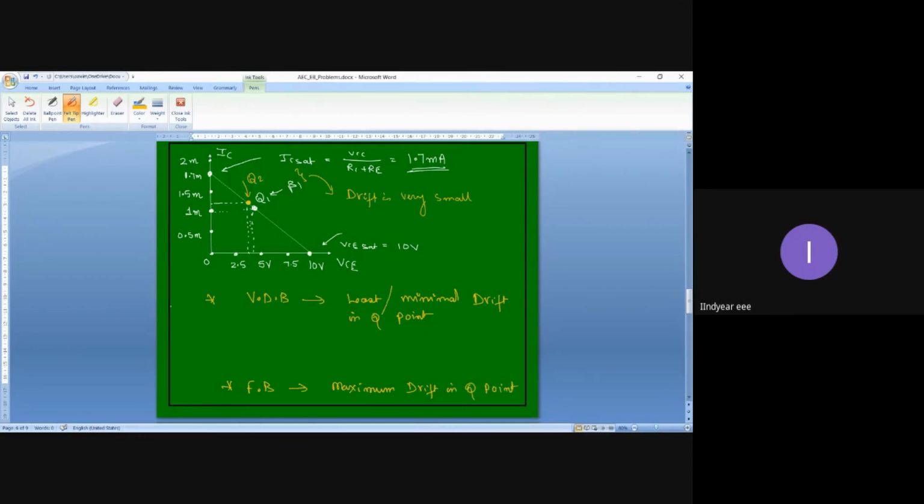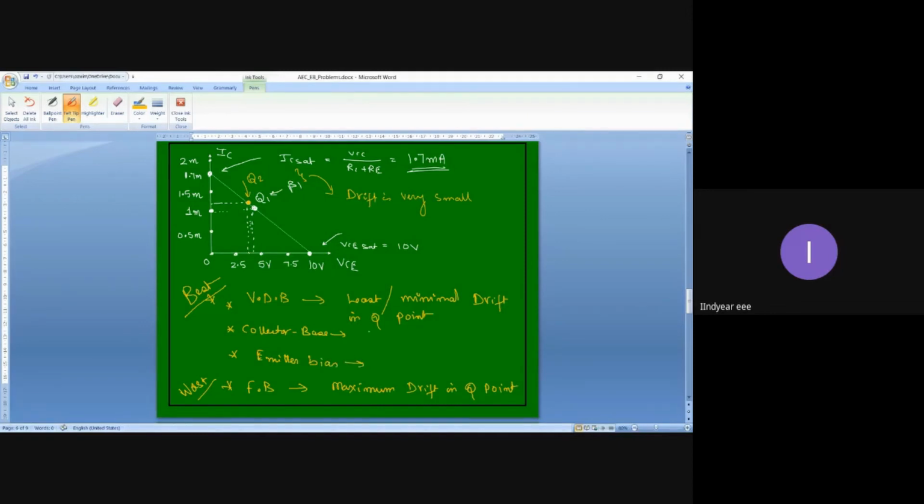That's the reason this is the best circuit when it comes to stability, and this is the worst circuit. Then you have the 2 intermediate circuits, collector to base bias and emitter bias.